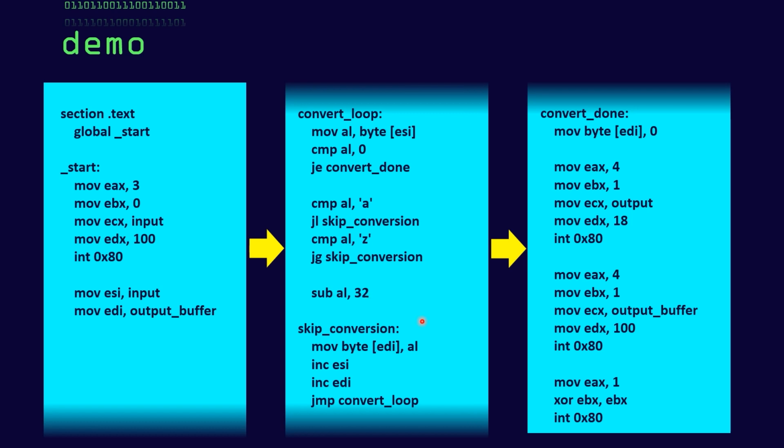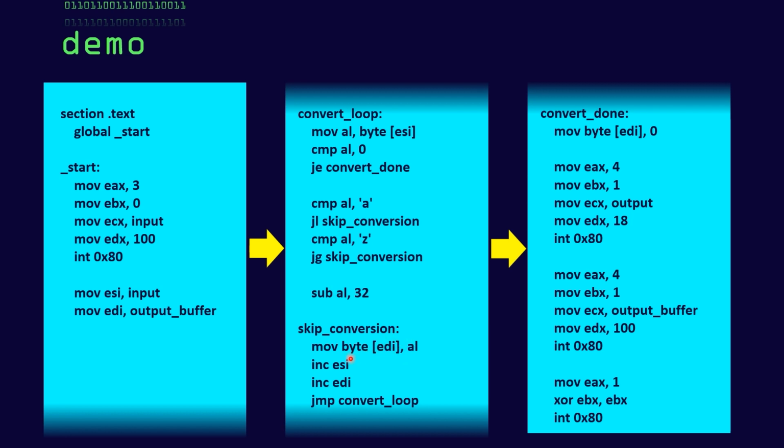After converting the current character to uppercase, we are going to enter into the skip conversion label, and that is because we are following instruction by instruction, right? So what this first line will do is it will get the current value of AL, and then it will store that byte into the EDI.